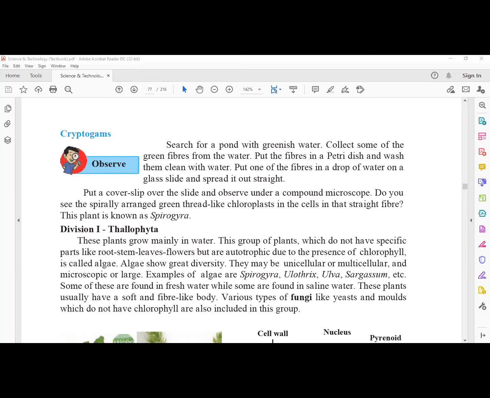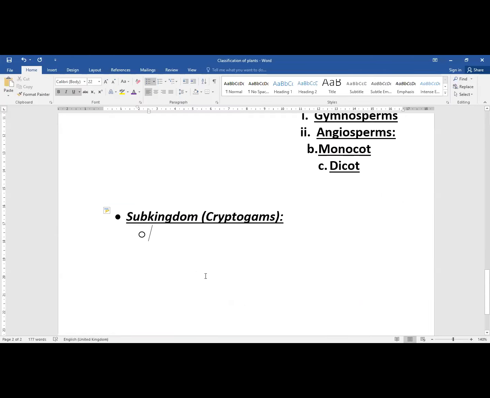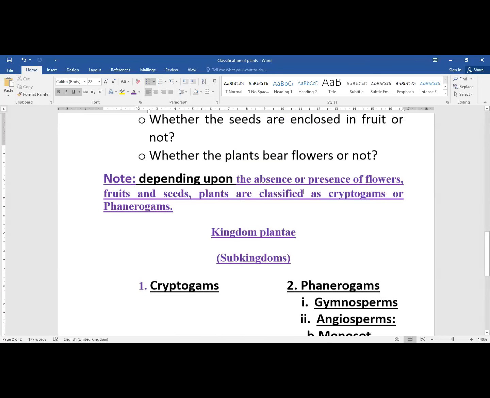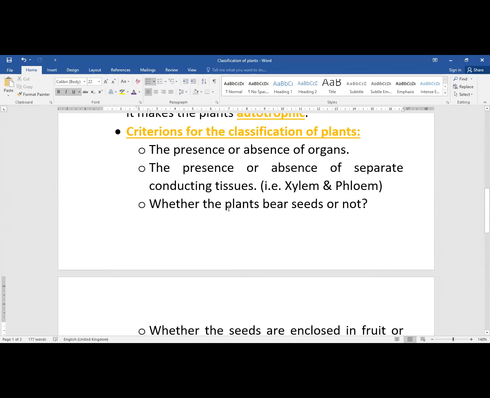Okay, so right about cryptogam we have written already. Subkingdom cryptogam, as we discussed earlier, we categorize kingdom plantae into subkingdoms, cryptogam and phanerogam, based on the criteria of whether the plant bears seeds or not.